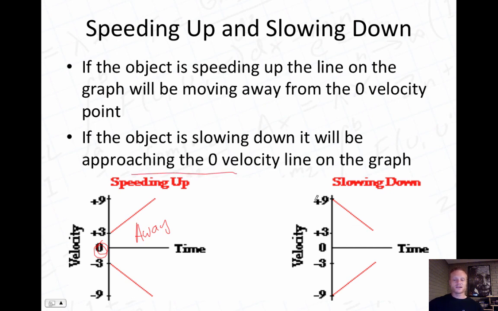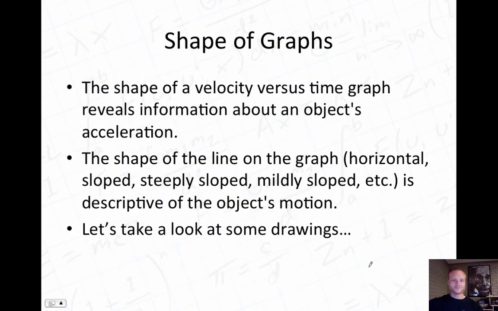Notice this line starts at 9 meters per second, I'm assuming meters per second, and now it's slowing down until eventually it would stop. It would stop moving. Here it's the same thing: if it has a negative velocity, it starts real high and it's slowing down until it hits 0. So speeding up or slowing down is basically moving in different directions relative to the 0 velocity line.